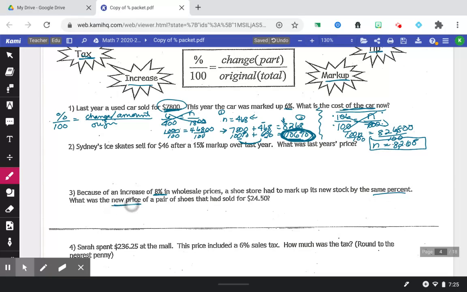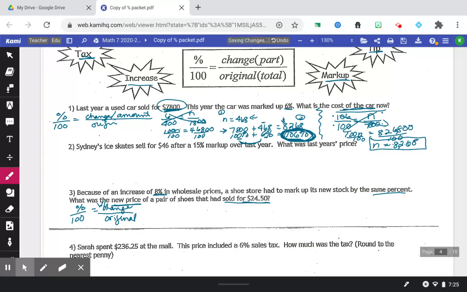What was the new price of the pair of shoes that had sold for $24.50? All right, I'm going to do a proportion again. So I'm going to think percent over 100 equals the change over the original.